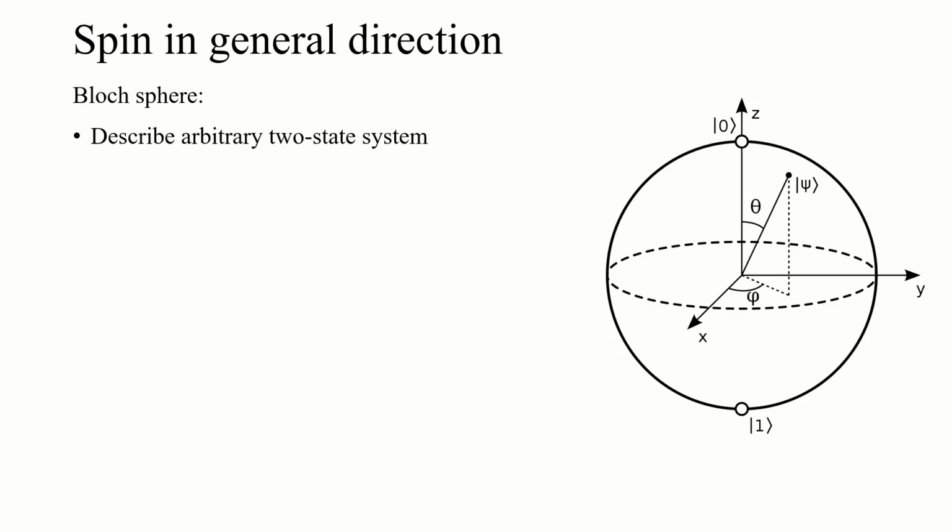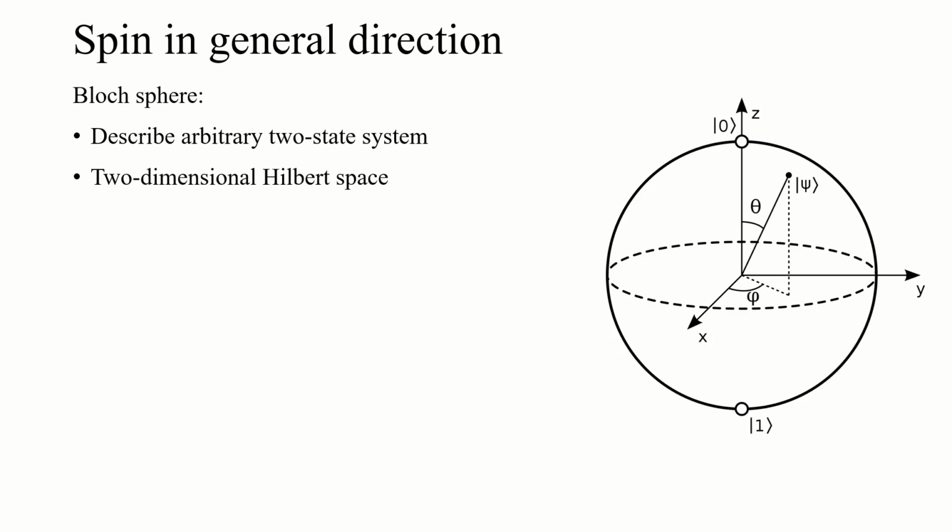Hopefully we'll get into this a little more later in the course, but you can define any two-state system, not just a spin 1/2 system, call one state 0 and one state 1, and you can represent that on what's called a Bloch sphere. So you describe any arbitrary two-state system with the basis states 0 and 1 on the top and the bottom. It's a two-dimensional Hilbert space.